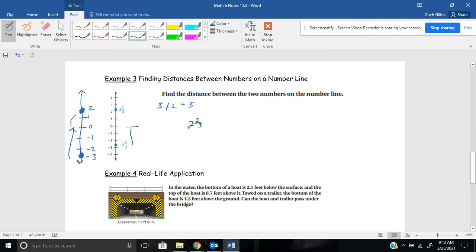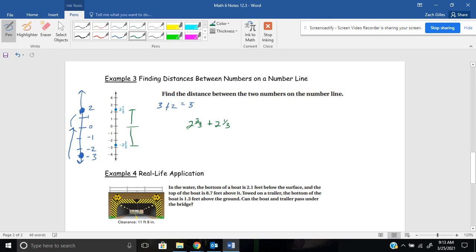You could think of it same as you think about absolute value. What's the absolute value of negative 2 and 2/3? Well, the absolute value means what's the distance between that number and 0? Well, it's 2 2/3 away from 0. Plus, how much further do I have to go to get to this number? Well, I have to go 2 1/3 to get to my end result.